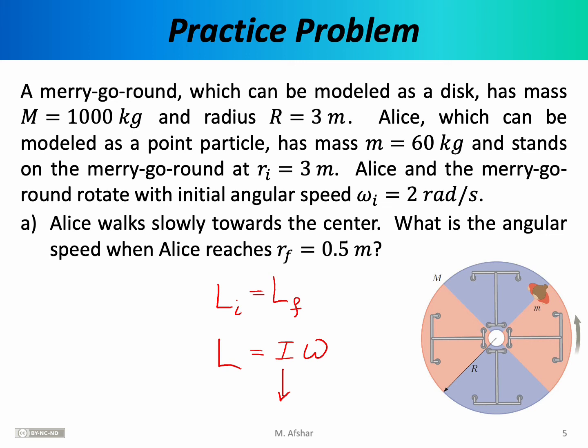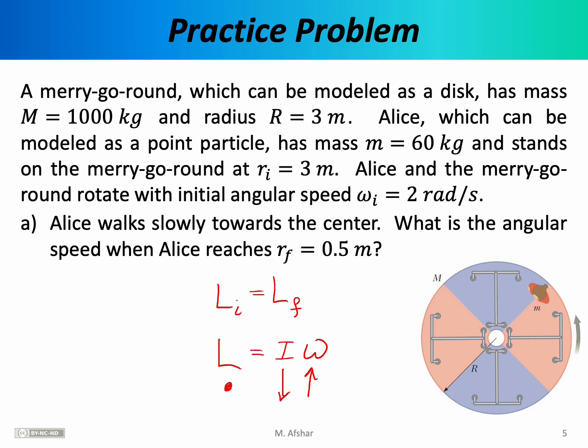But of course, we want the angular momentum to be conserved. We want it to stay the same. We'll represent that using a dot. Now we have an equation here, and you should be thinking, if the left side is constant and on the right side inertia is decreasing, then omega must increase. The angular speed must increase to compensate for the decreasing inertia.